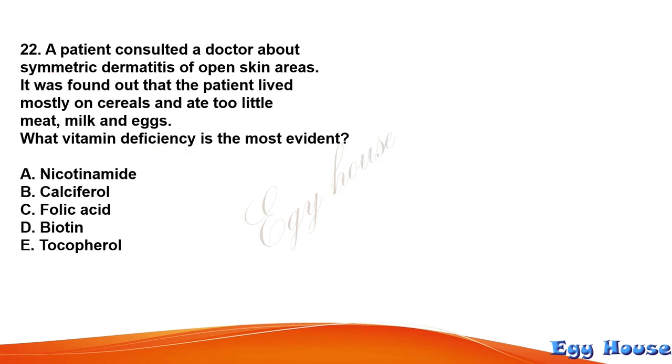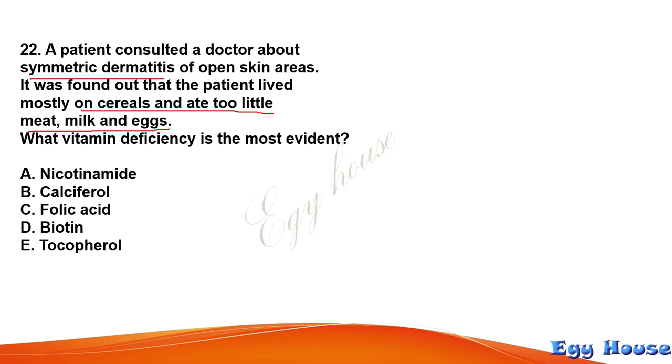The next question. The patient consulted the doctor about symmetric dermatitis of open skin areas. And this patient was mostly living on just cereals, but ate too little meat, milk, and eggs.